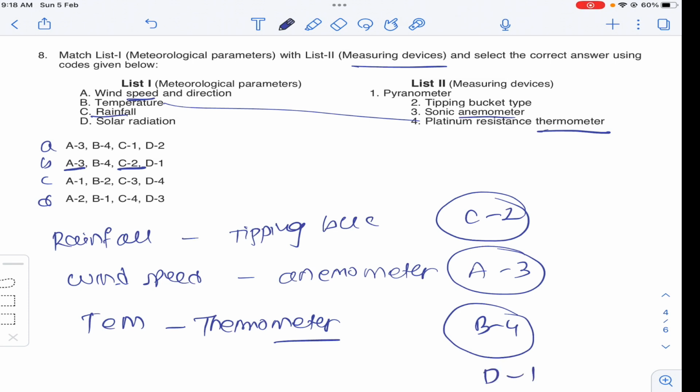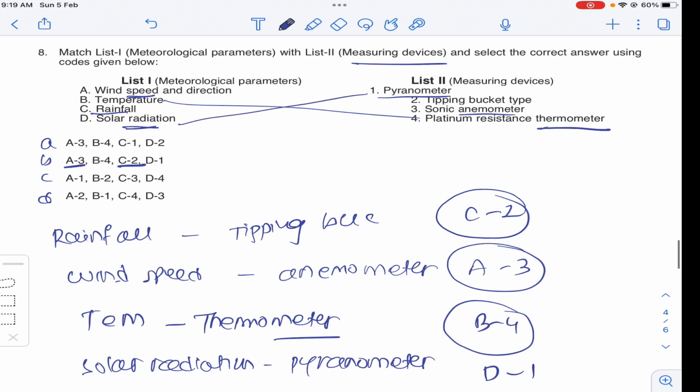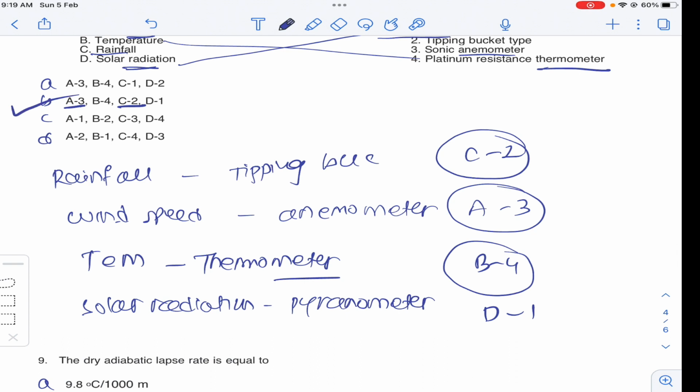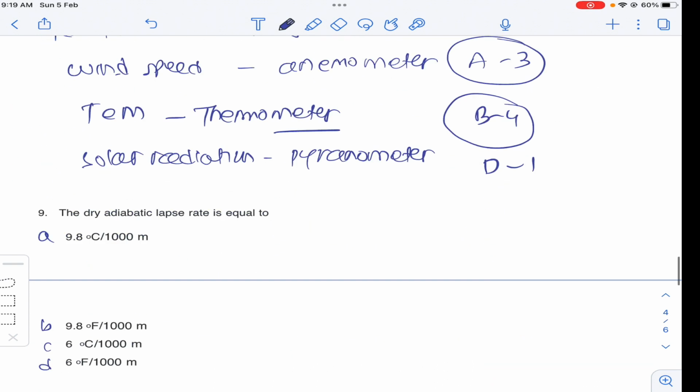And D, it is 1. The remaining is solar radiation, which is measured with a pyranometer. So it is D1. So answer B for question number 8.